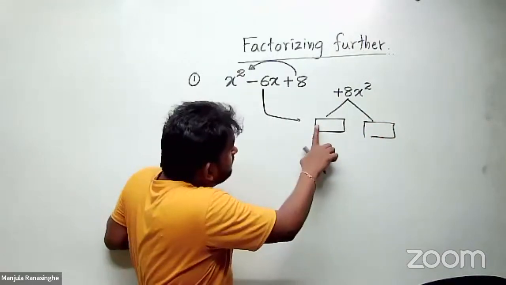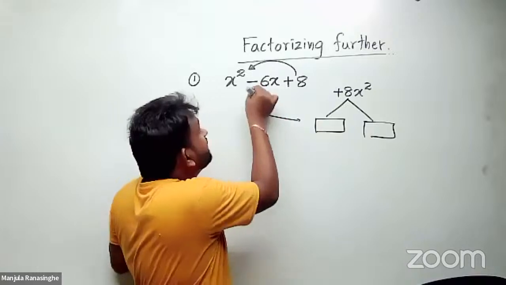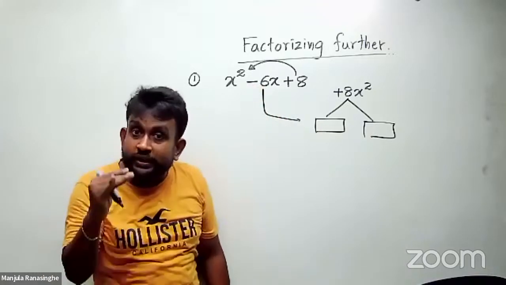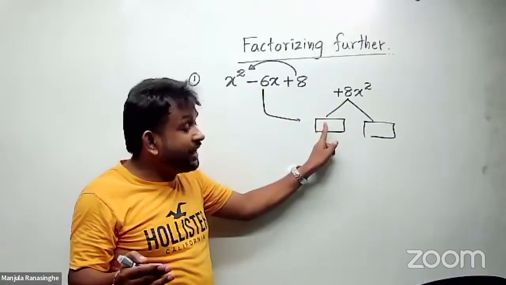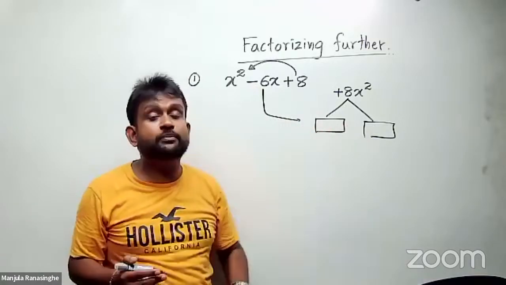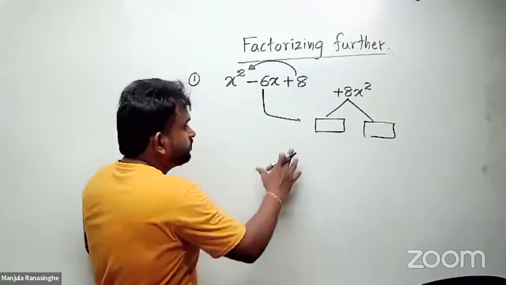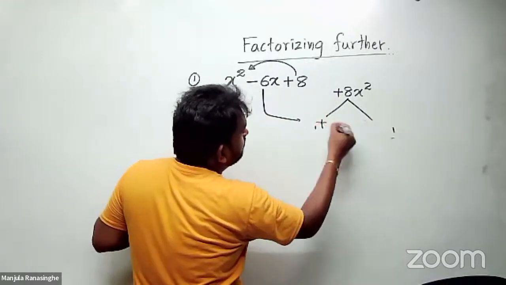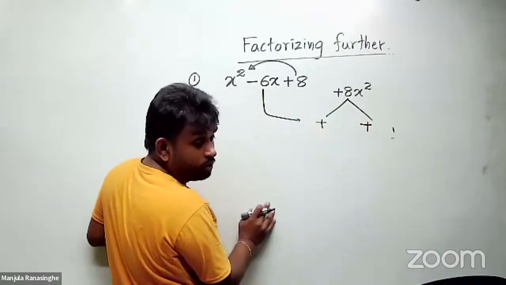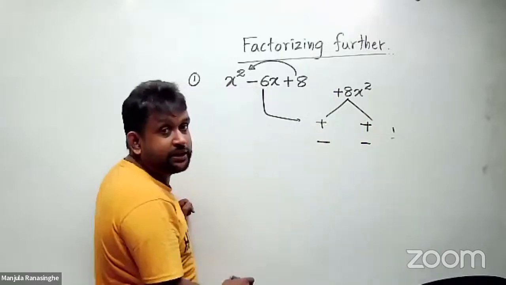The sum of the pair put here must give negative 6x. So the sum is negative, and you feel that both the terms shall be negative. Why? A positive answer is given by a positive multiplication or a negative multiplication.